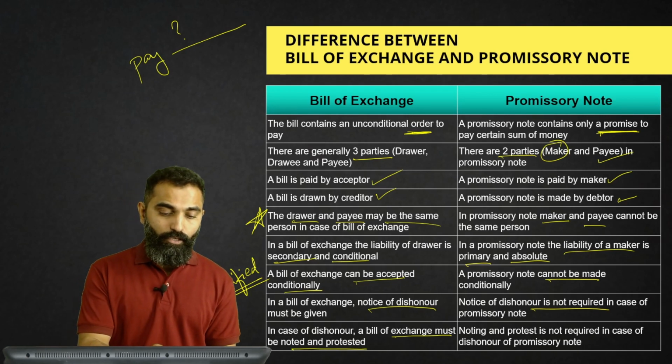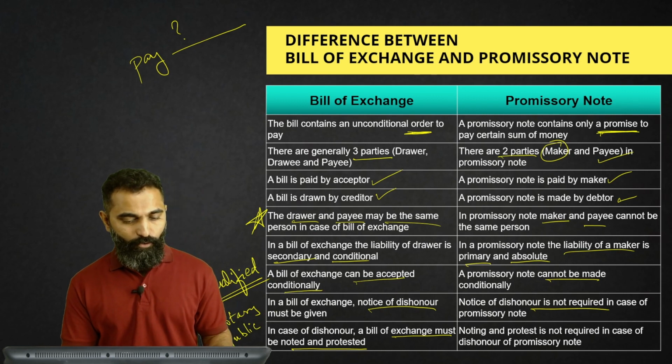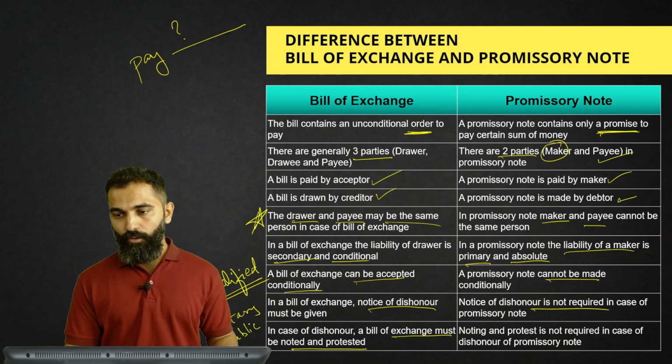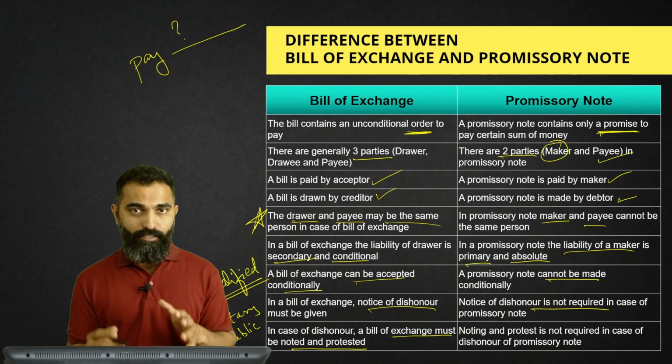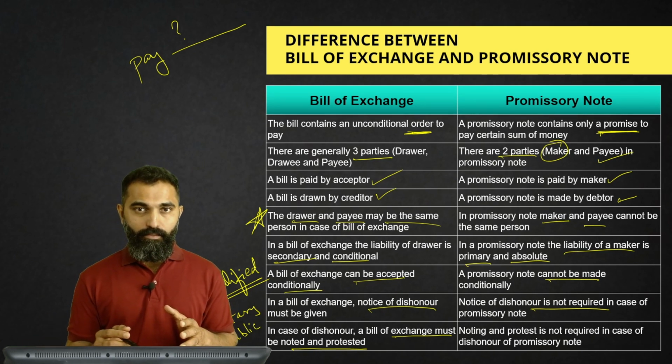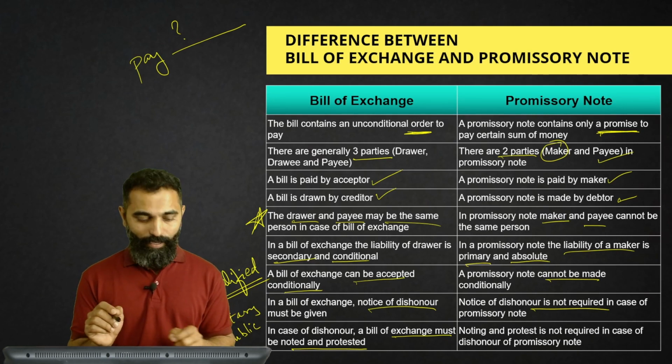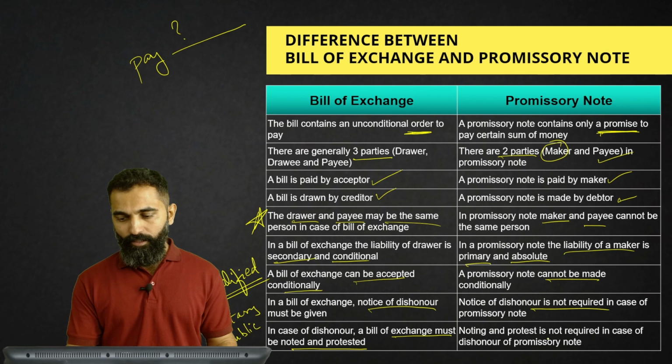That means you must go to the government officer called notary public. Do you all know who this fellow is? Do you remember? That government officer to whom you must go to lodge your complaint. Okay? And noting and protesting is not required in case of a promissory note.